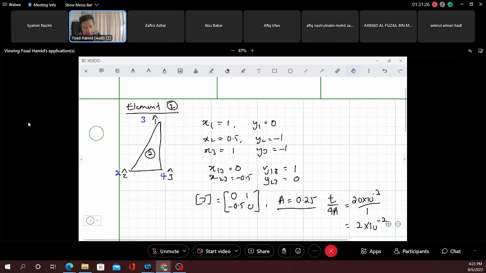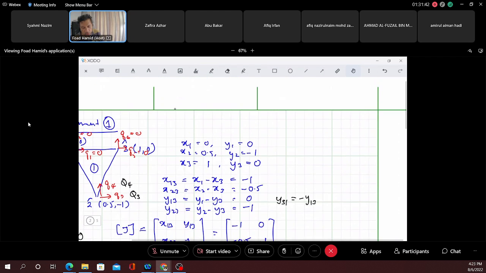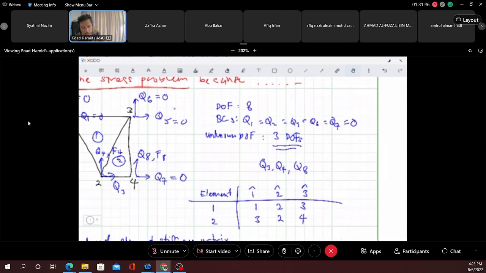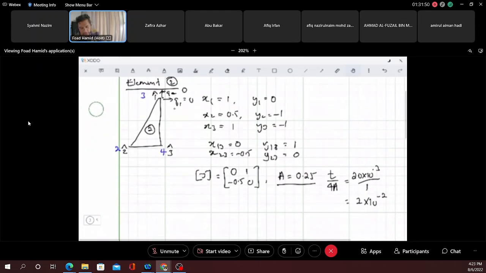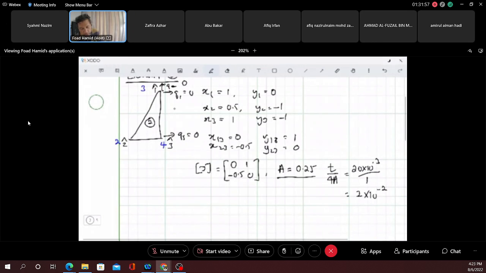Okay, so now again, if you look at our second element here, we note that Q1, Q2 is equal to 0 and 0, right? Because at node number 3, this is 0 and 0. And if we look at element number 2 again, we know that Q5 is equal to 0.